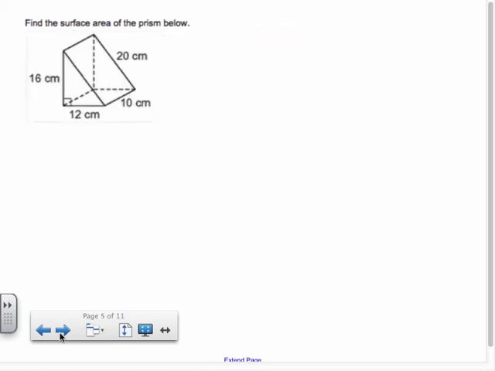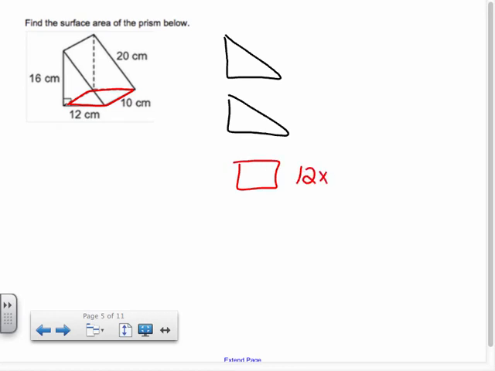Surface area, triangular prism. Again, we're looking at the number of faces we have here, the flat sides. This is a triangular prism, so it's a little bit different. We've got two triangles, the front and the back, and we have three rectangles. We have one on the bottom, which measures 12 by 10.